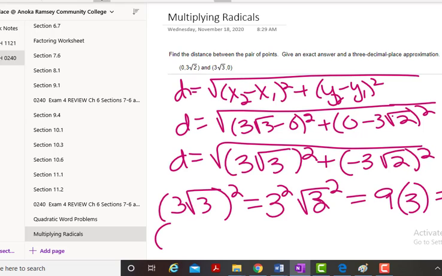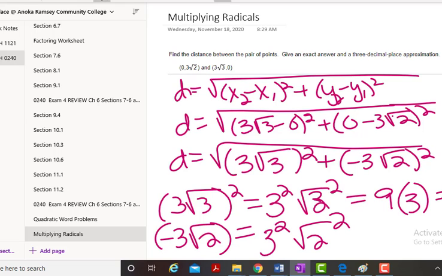For the second term, we have negative 3 times the square root of 2. Now, that negative is taken care of right away by the square. It's going to end up being positive, and any negative to an even power is a positive value. And we have 3 squared, which is 9, and the square root of 2 squared, which is 2, and that gives us 18.